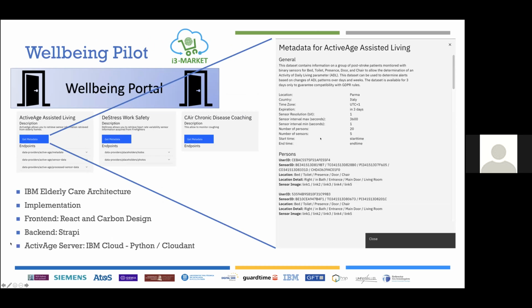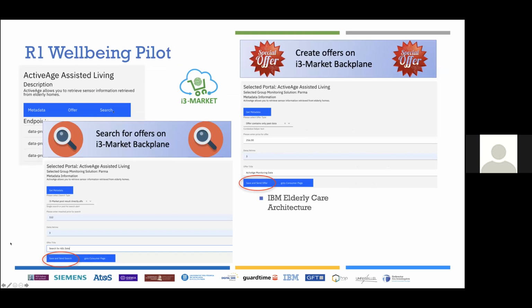We can get this metadata listing, and then we can trigger search and offer, and of course the offer is being posted then on the i3 Market backplane, and then we can search with the keywords or the provider ID for this.